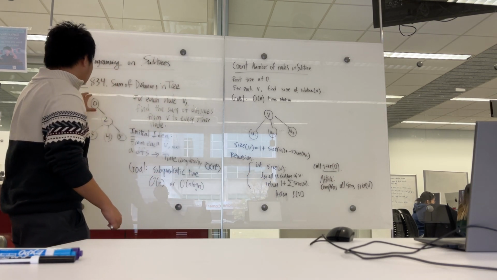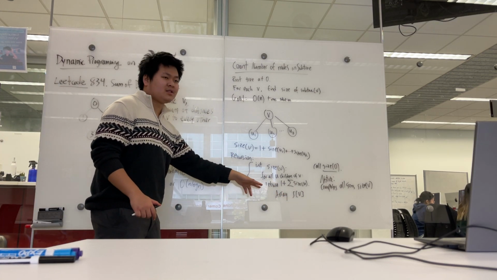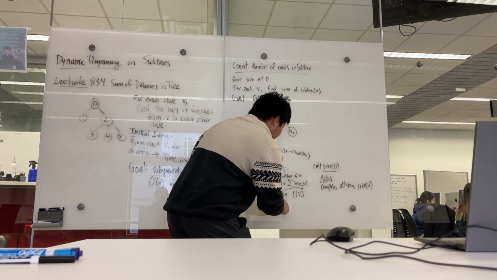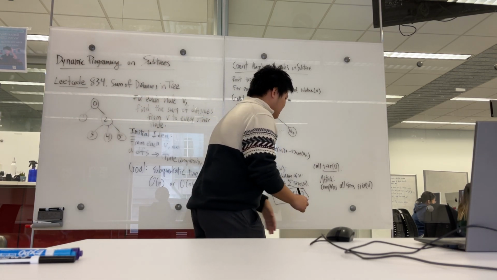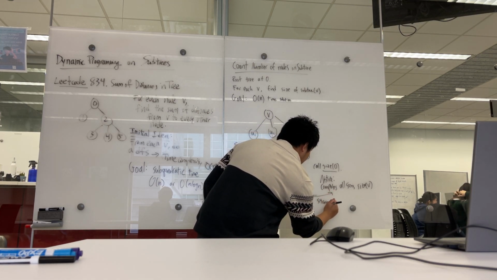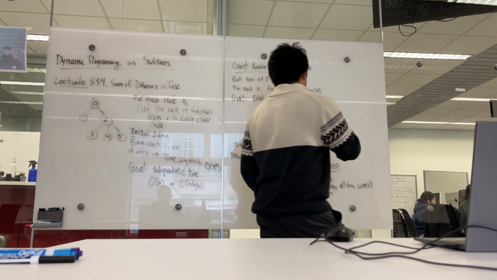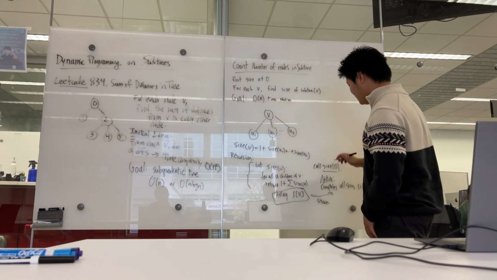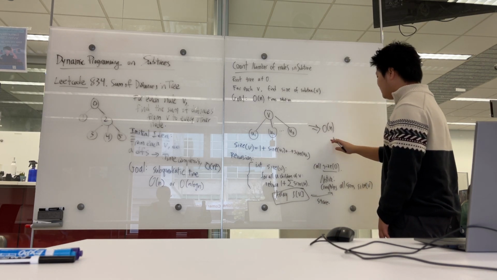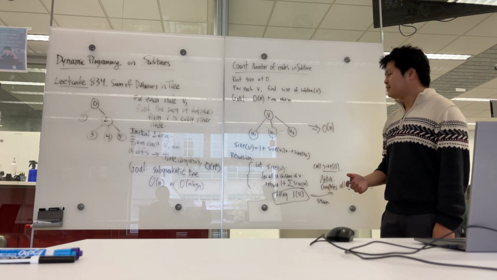So at the end of size 0, we actually have an array that stores the sizes for every node. Thus we have an O of n solution that finds the size of the subtree for every node.